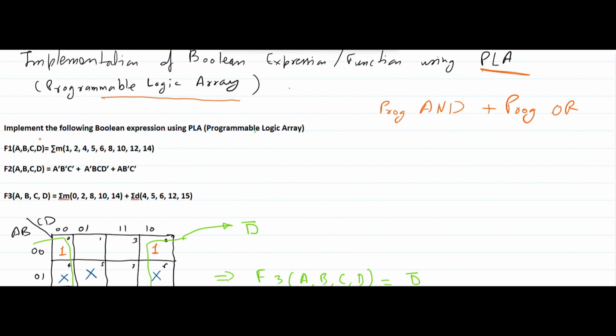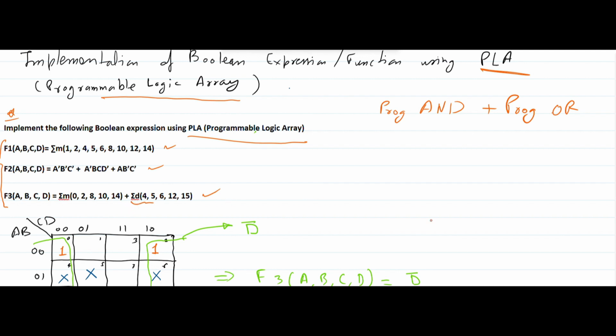So suppose this is the question: implement the following Boolean expression using PLA, which is Programmable Logic Array. We have three functions f1, f2, f3, where f1 is given by this summation m, f2 is given in terms of abcd, f3 is also given in terms of summation m, but here I have don't care condition also.